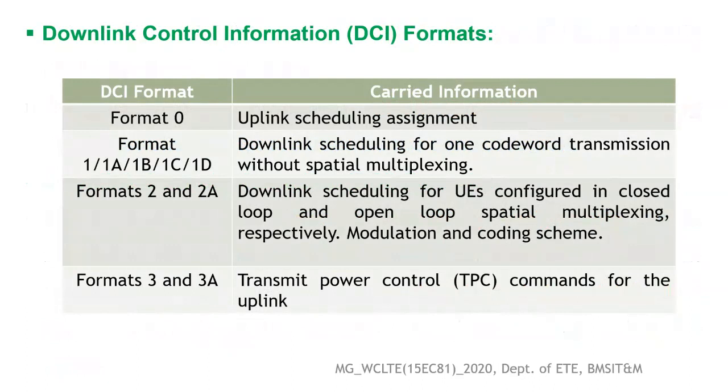LTE has a total of 10 DCI formats: format 0, format 1, 1A, 1B, 1C, 1D, then format 2 and 2A, then format 3 and 3A. So what information is carried over each format?